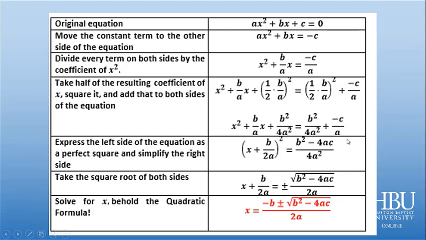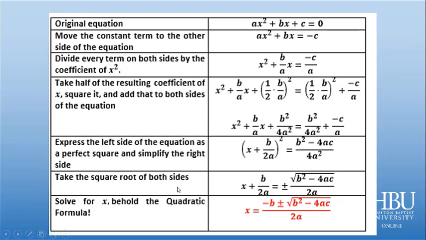Over here on the right-hand side of the equation, we want to combine these two terms, add them together by getting the common denominator of 4a squared. Minus c over a is the same thing as minus 4ac over 4a squared. So I can rewrite the right-hand side of the equation as b squared minus 4ac over 4a squared.